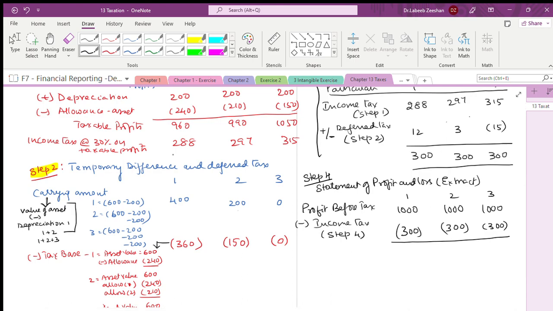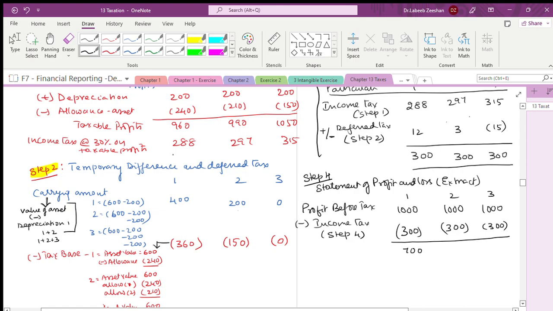Otherwise, if it is not deferred tax, in one year tax will be more, in another year tax will be less. If you take deferred tax on any particular asset, the tax amount will be distributed equally. This is the significance and importance of deferred tax when compared to normal tax.